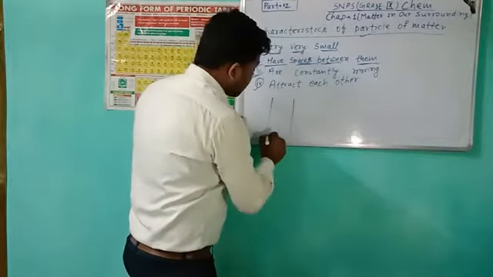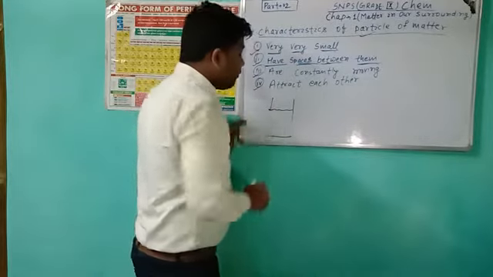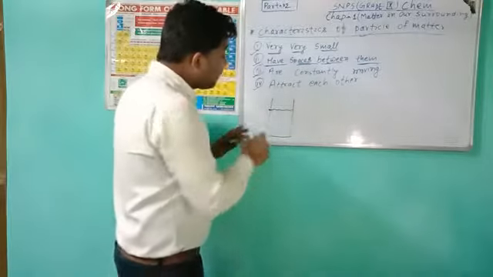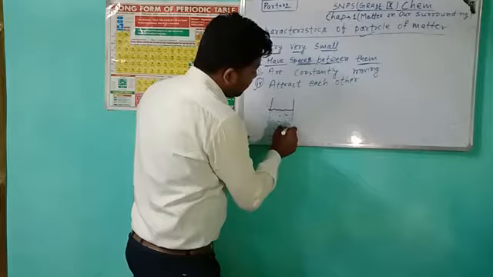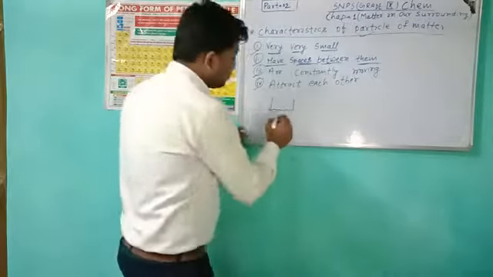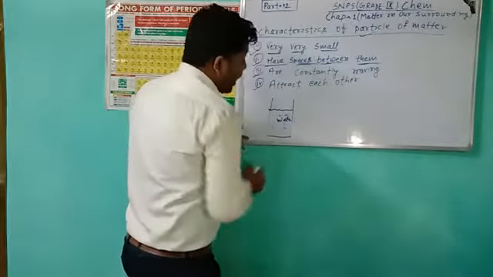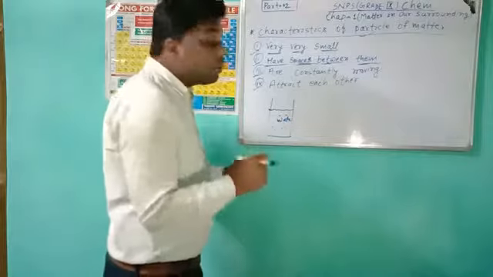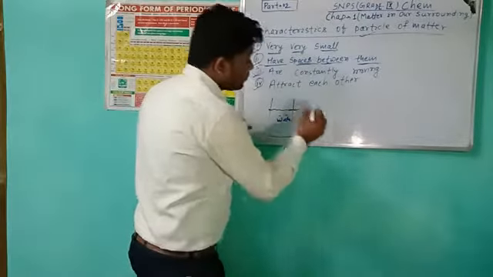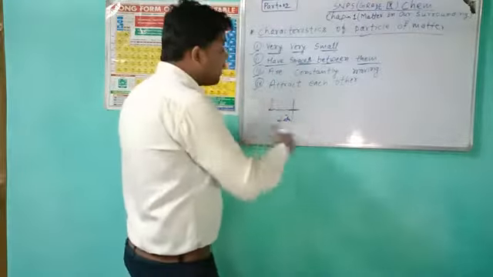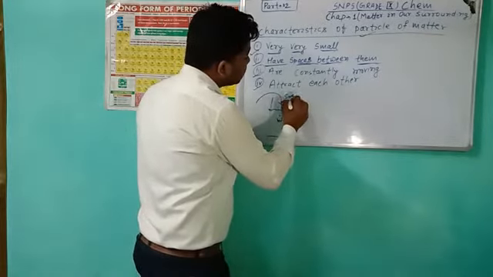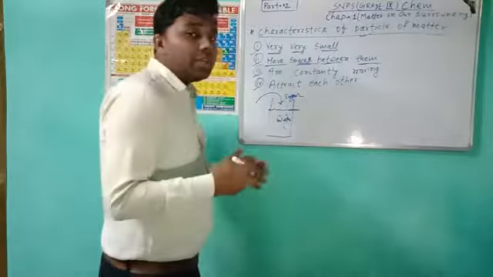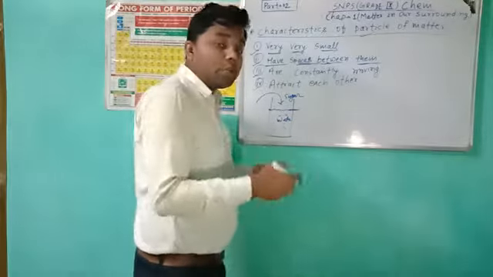To prove this statement, we will take an experiment. If we take a beaker and put some water in it, and mark the level of this water here, and add some sugar in it, then the sugar completely dissolves in the water.